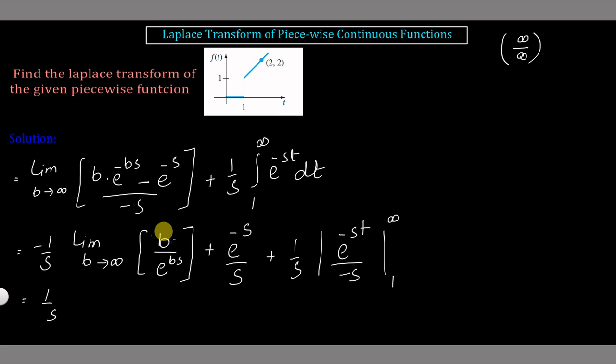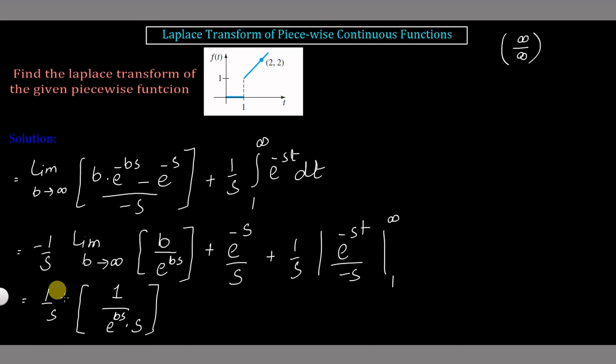You have to differentiate the upper function with respect to b, and similarly you have to differentiate the lower function with respect to b. If we differentiate the upper function with respect to b, it becomes 1, and if we differentiate the lower function with respect to b, it becomes e raised to the power bs dot s.